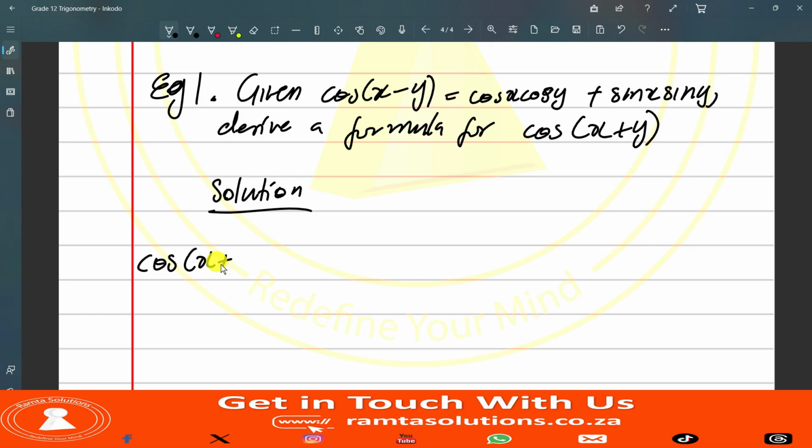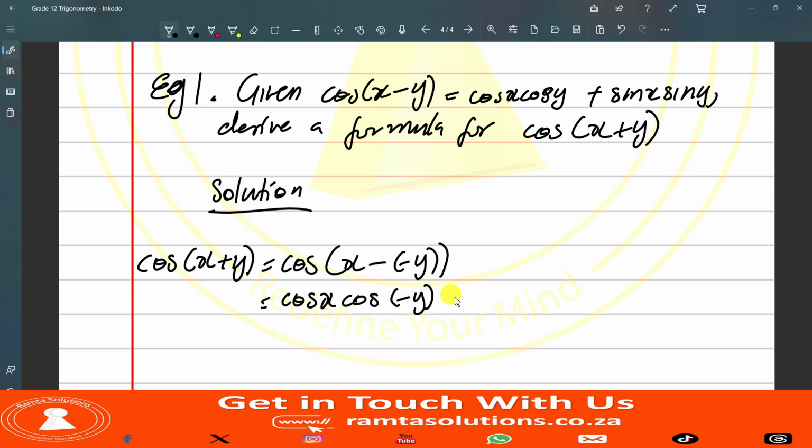We have cos(x + y). We can imagine it as cos(x − y), isn't it? Now you can see cos minus is what we have. So we can then say we have cos x cos, it's no longer y but minus y, plus sine x sine minus y.